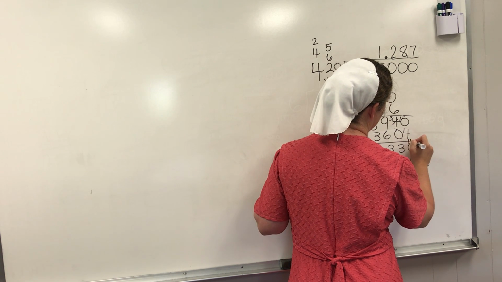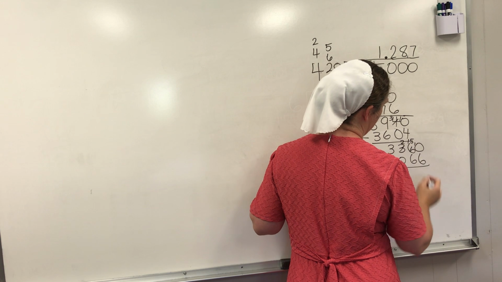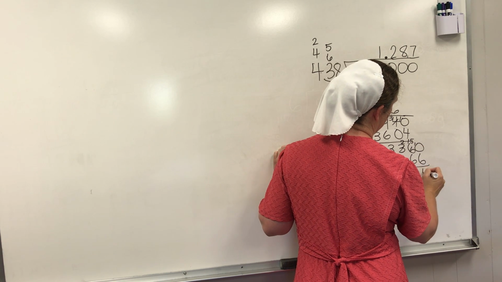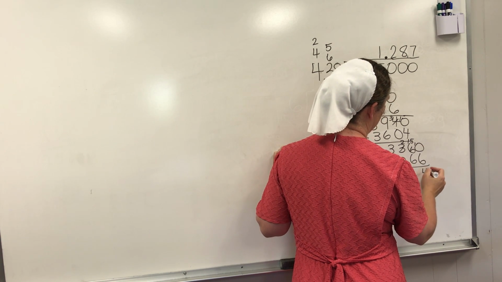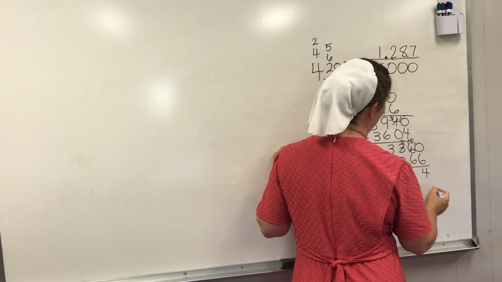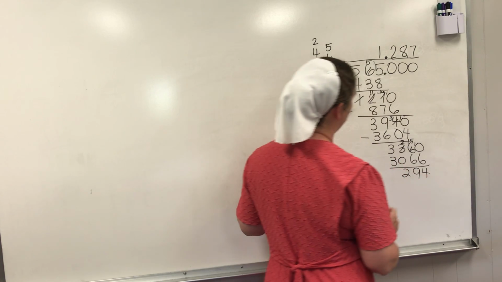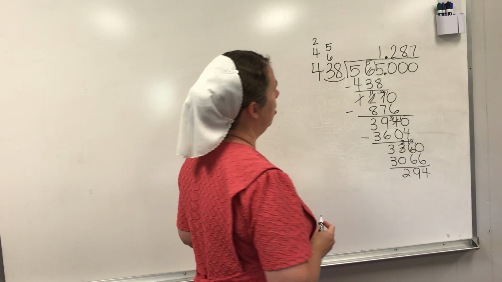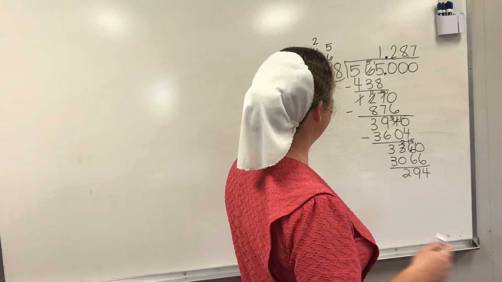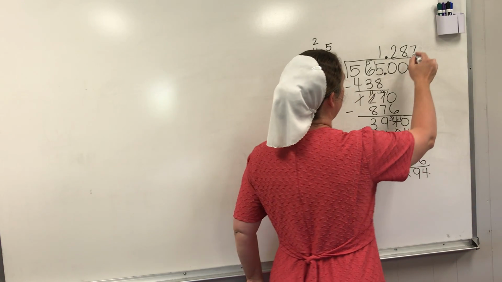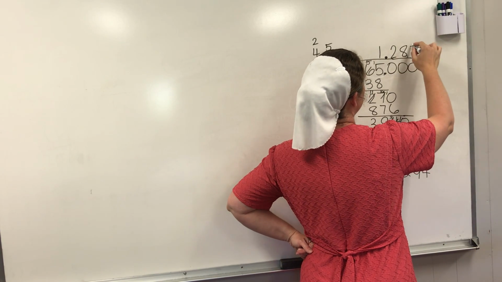Let's subtract, borrow. 10 take away 4, Ashley. Oh my gracious, I said it again. 10 take away 6 is 4. 15 take away 6 is 9. 2. All right. Remember, what do we have to do here? We're rounding to the nearest cent.